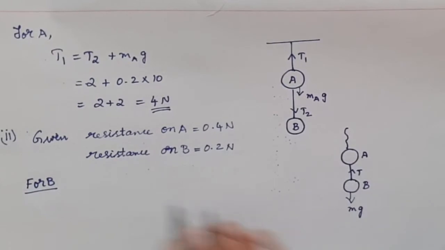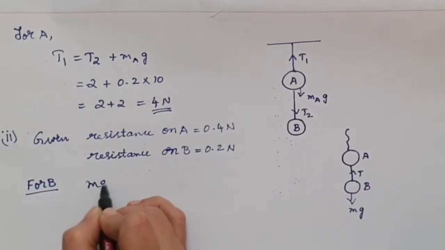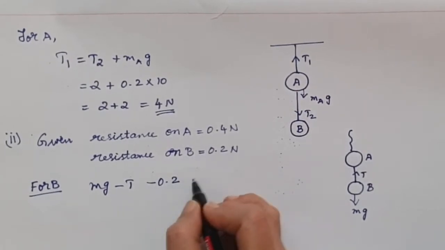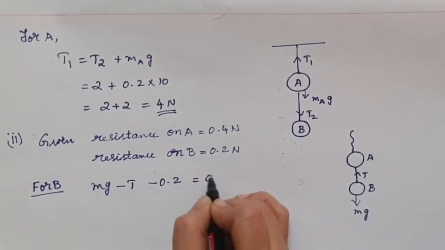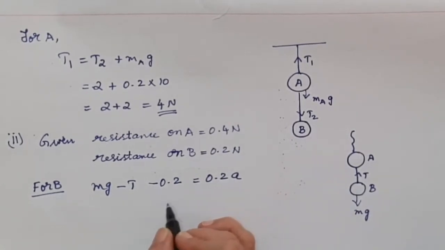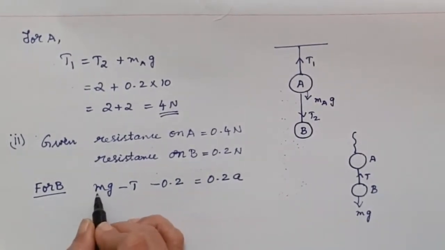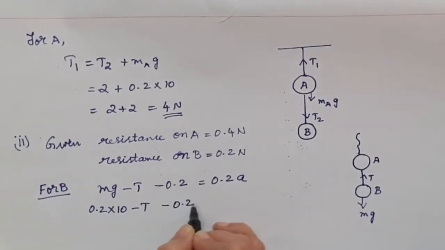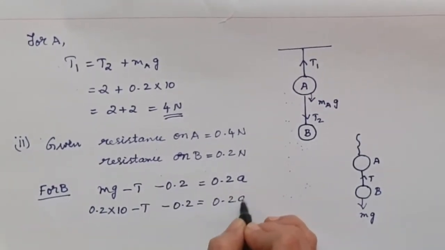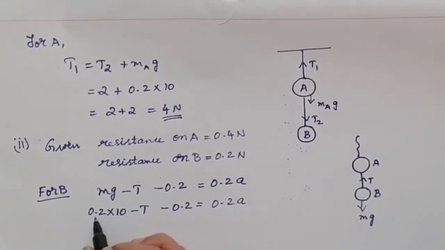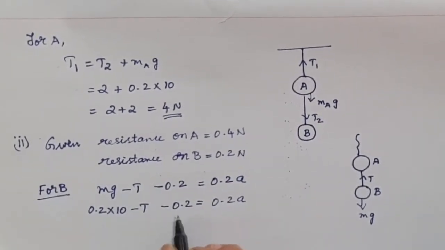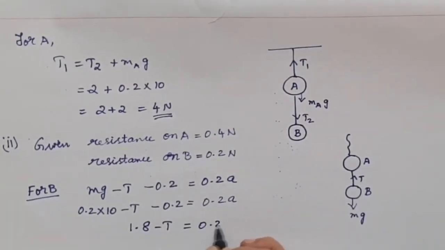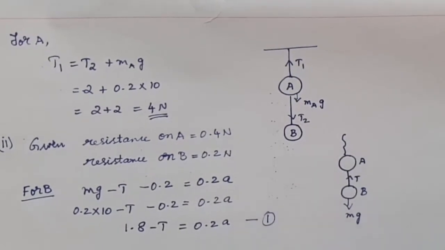Now forces acting on B. We have mg minus the tension minus 0.2, that is the air resistance, will be equal to 0.2 A. That is 0.2 into 10 minus T minus 0.2 will be equal to 0.2 A. When we simplify this, 2 minus 0.2 gives 1.8 minus T equal to 0.2 A. Let this be our first equation.